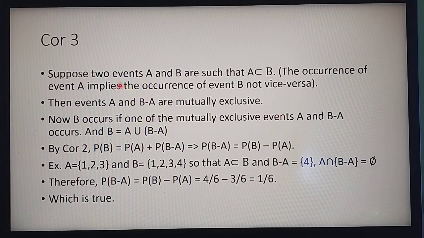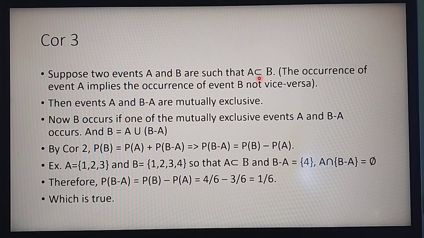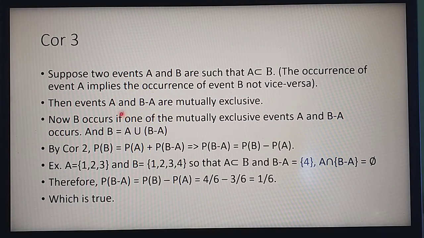Corollary 3. Suppose two events A and B are such that A is a subset of B. That is set notation, meaning thereby the occurrence of the event A implies the occurrence of the event B, but not vice versa. Then events A and B minus A are mutually exclusive.